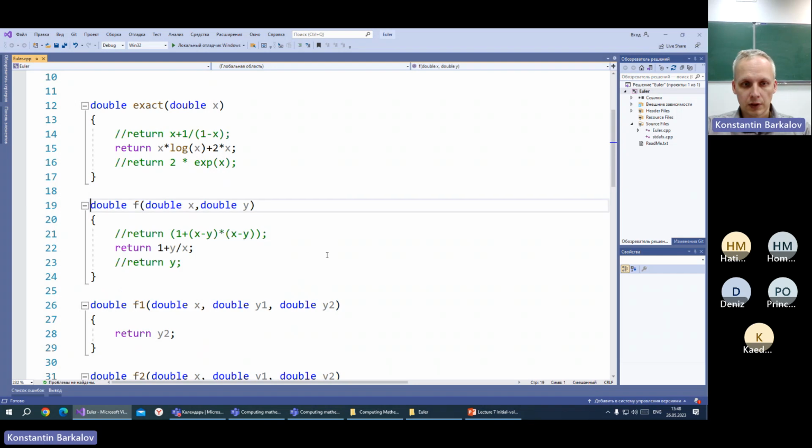F of x and y is the function that corresponds to the right-hand side of the equation.